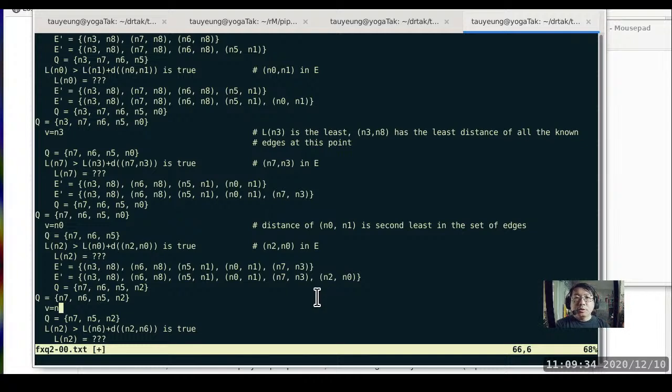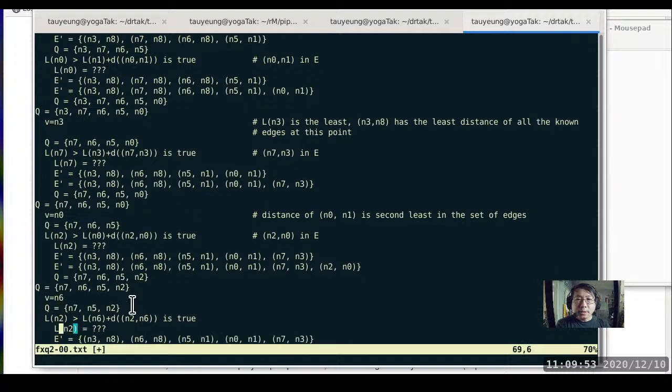It is important to understand that some of these vertices are now more than one edge away from the destination, so the L value does not represent the distance of an edge anymore. But you still need to follow through that step by step. As I said, the first thing you might want to do is just reconstruct the graph itself. So now we know N2, N6 is in E.